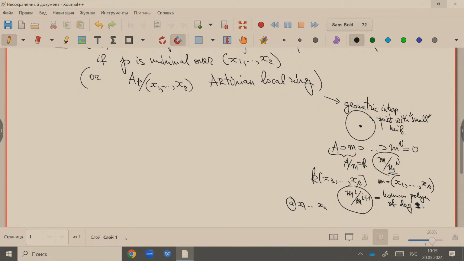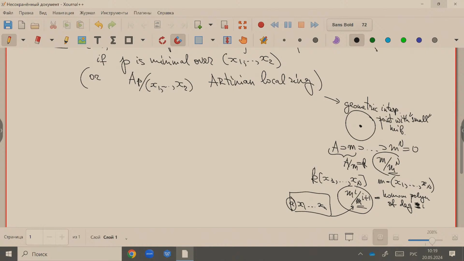But this is killed: if this polynomial has a constant term, then you can extract precisely the monomial. If it has a non-constant term, the multiplication by the non-constant term falls into m^(i+1).